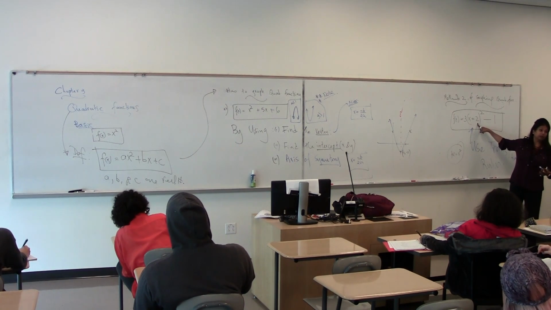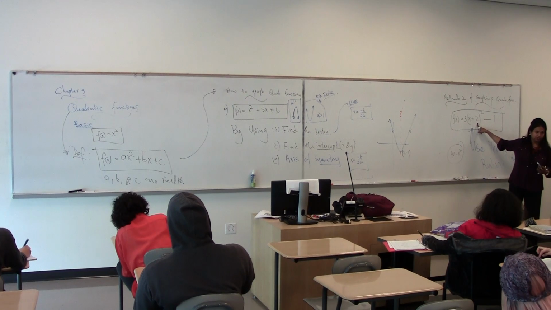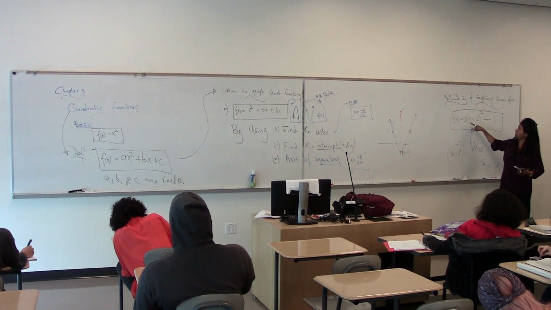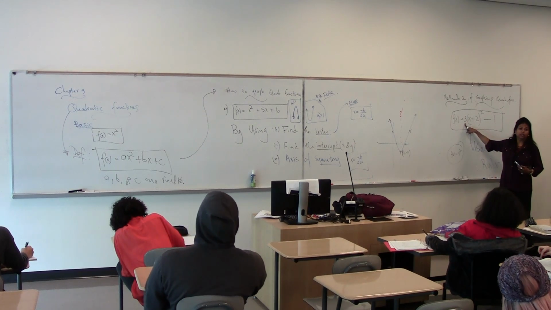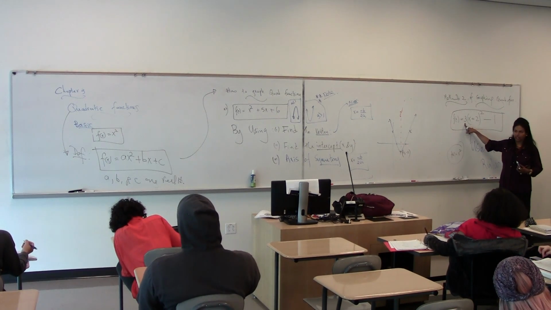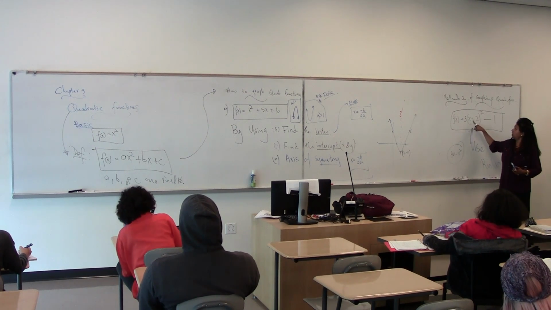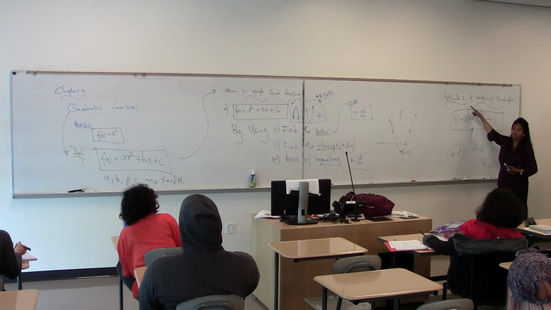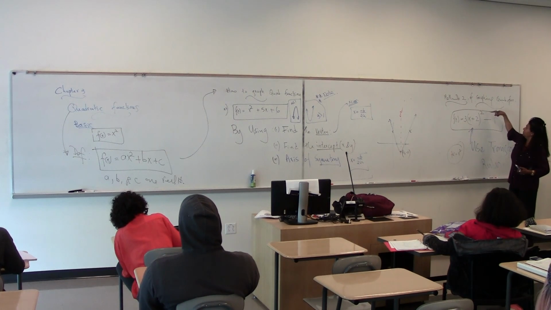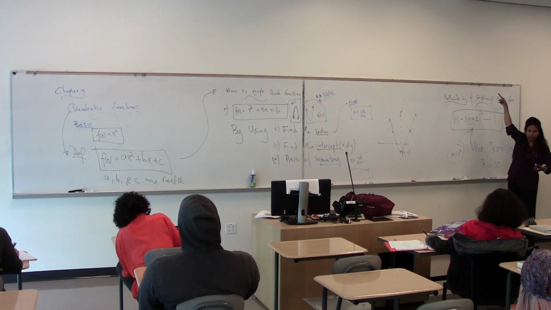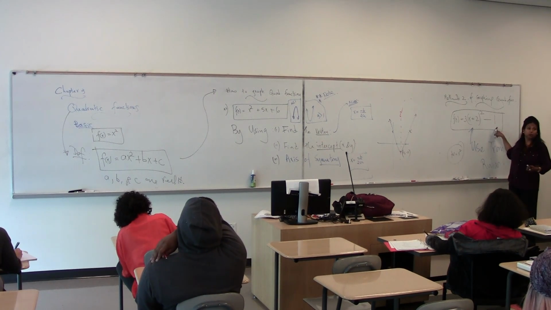Move to the left 2. And then, what do you need to do? Multiply the y coordinate by 3 first. So for each coordinate, multiply the y coordinate by 3, and then go down 1. This is the vertical shift.